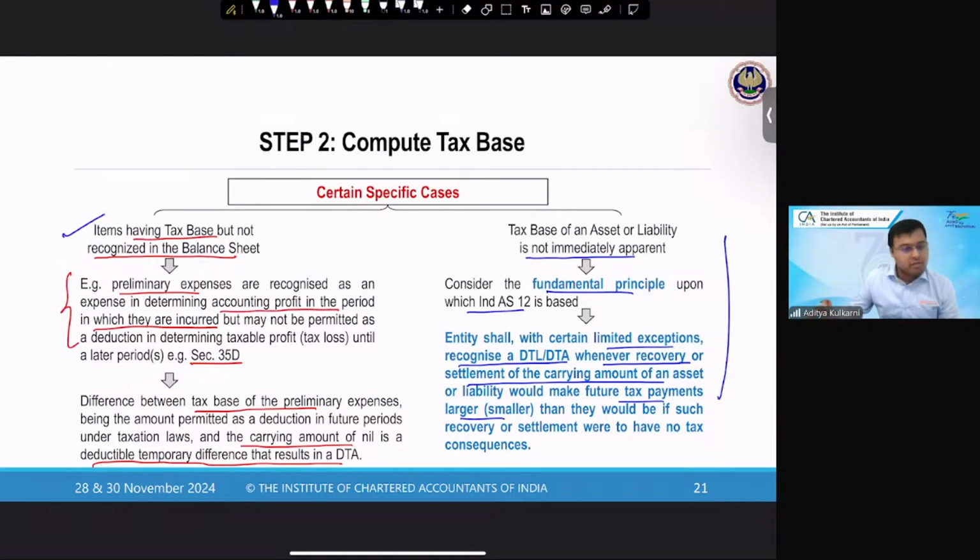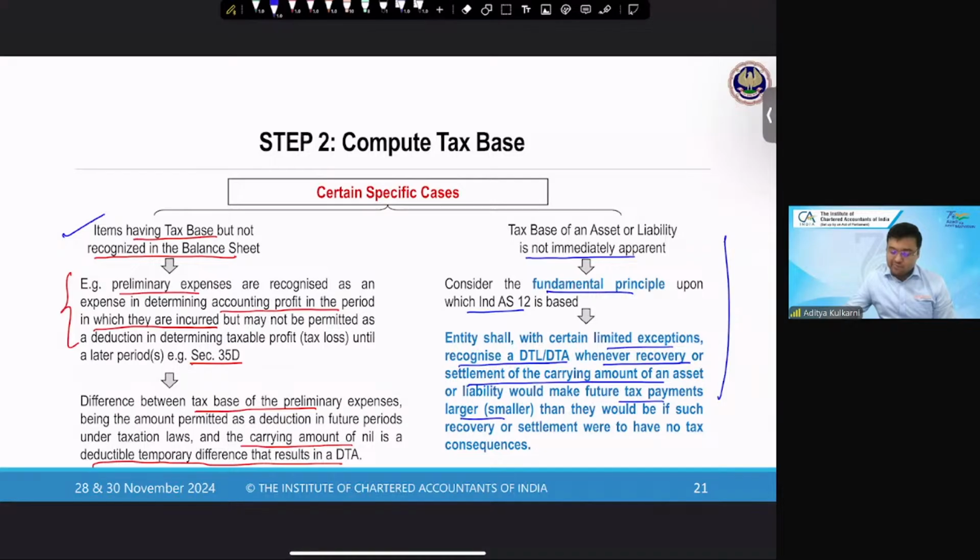Just read this, it is a very rare case. Consider the fundamental principles upon which Ind AS 12 is based to determine what is the tax base. So that's about it.